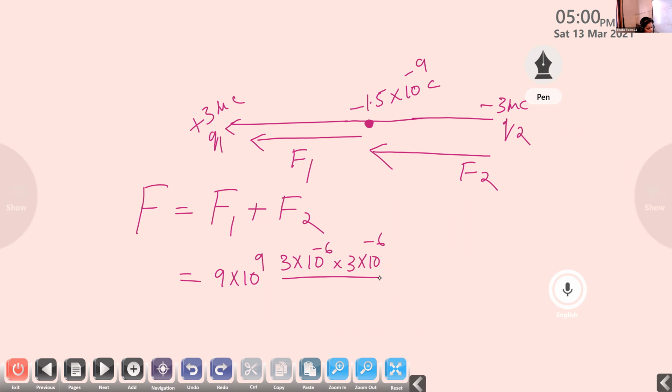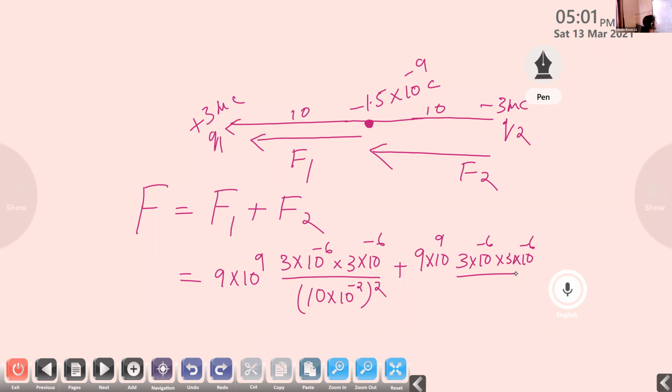What is the distance between the charges? Here it is 10 and it is 10, so it becomes 10 × 10^-2 the whole squared, plus 9 × 10^9 × 3 × 10^-6 × 3 × 10^-6.